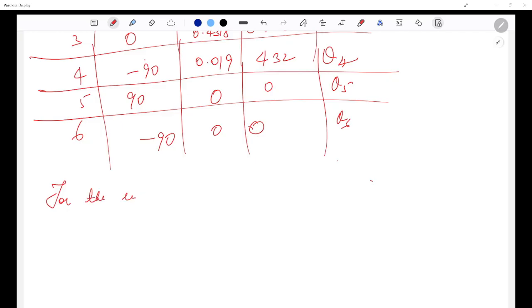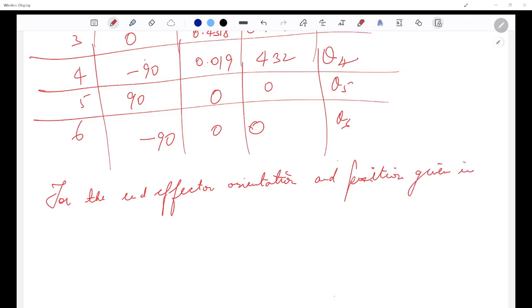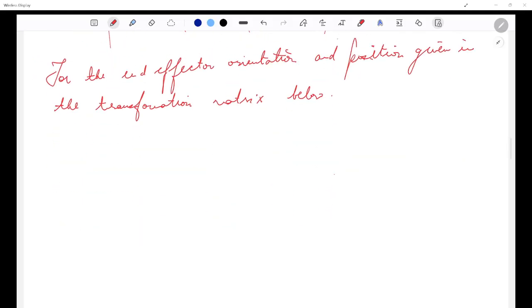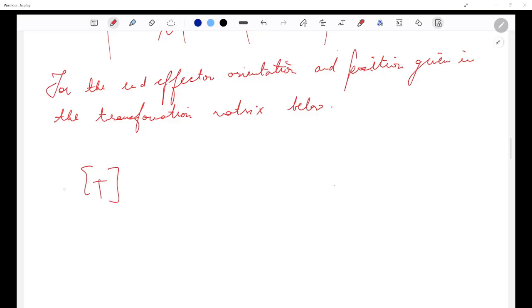So for the end effector, orientation and position are given in the transformation matrix below.